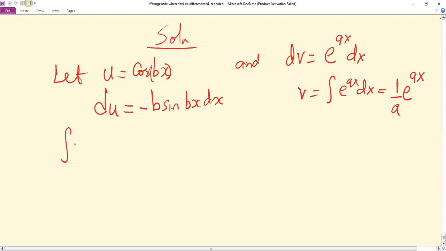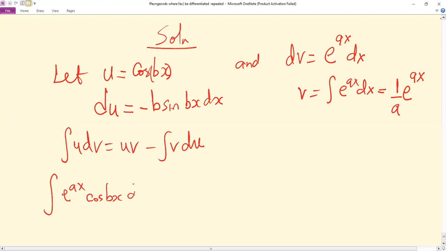So the integral of u dv is the same as uv minus the integral of v du. So the integral of e raised power ax cosine of bx dx is uv, this our u, this our v. So we have 1 over a e raised power ax cosine of bx minus the integral of v du.